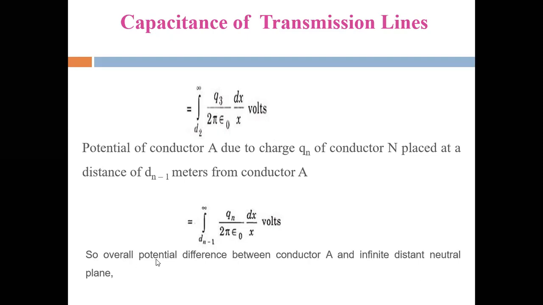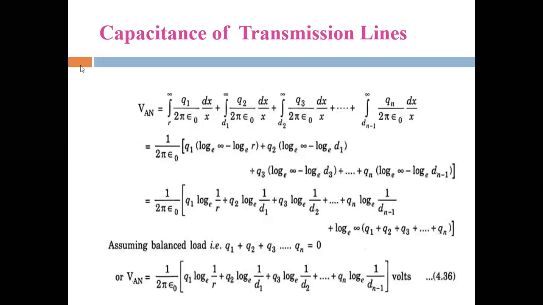So the overall potential difference between the conductor A and the neutral plane at infinite distance. Therefore we sum all the potential differences up to N. Therefore VAN is equal to integral R to infinity Q1 by 2 pi epsilon naught dx by x.